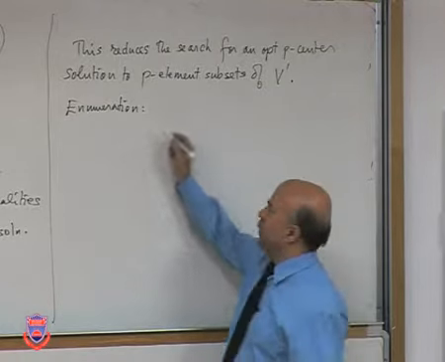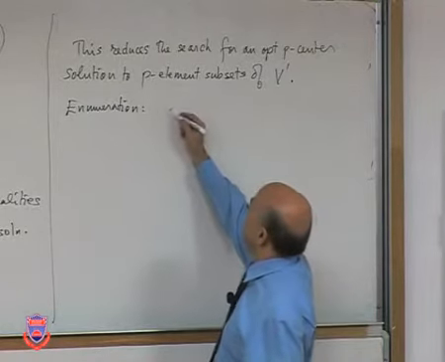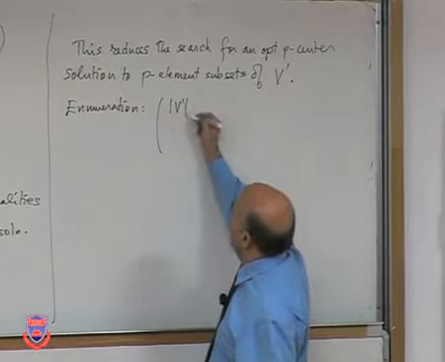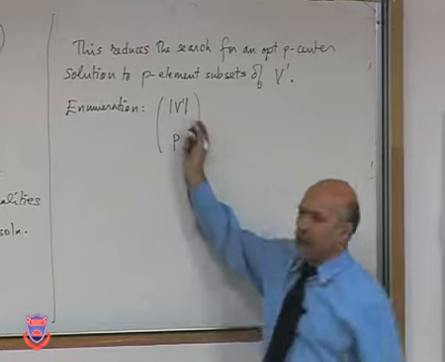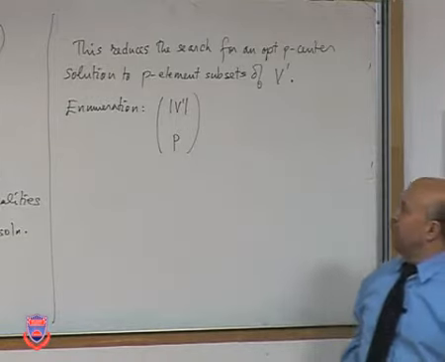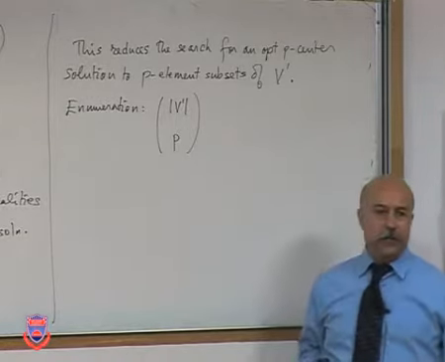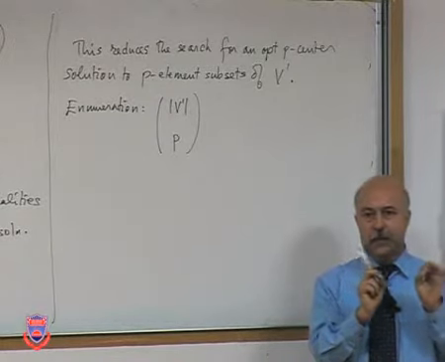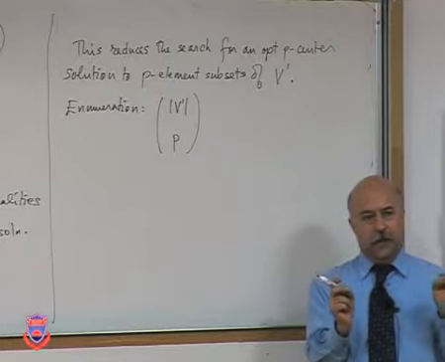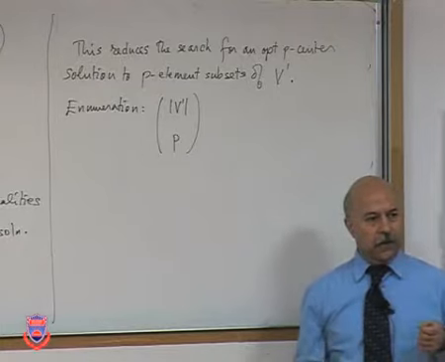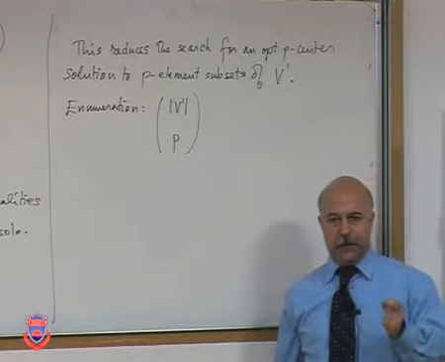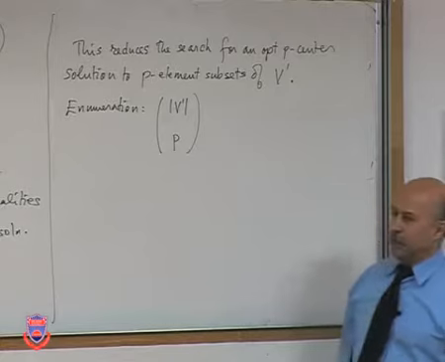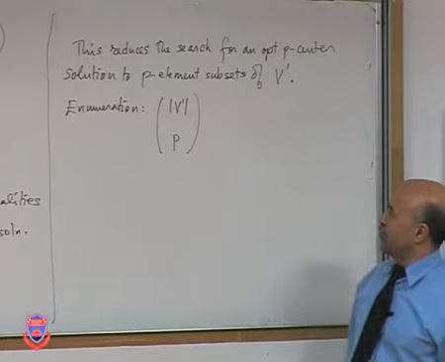And if I enumerate all possible p-element subsets of V prime, then we're talking about choosing p elements out of however many elements you have in V prime. That would be a finite search. So you choose a particular p-element subset of it, you evaluate the f function, and then you keep doing this by retaining the smallest one up to that point. And finally, you find a p-element subset which gives the optimum or the smallest objective value.